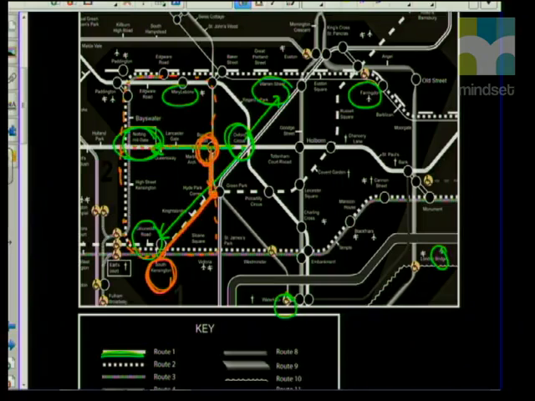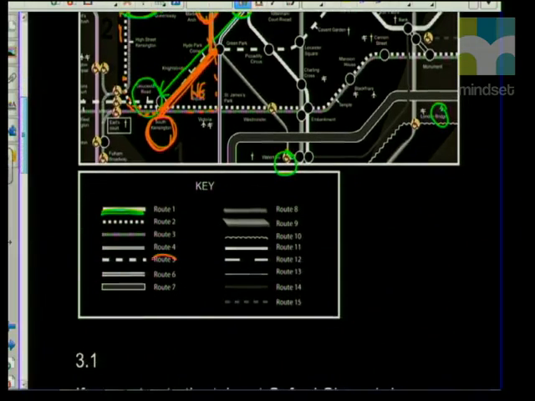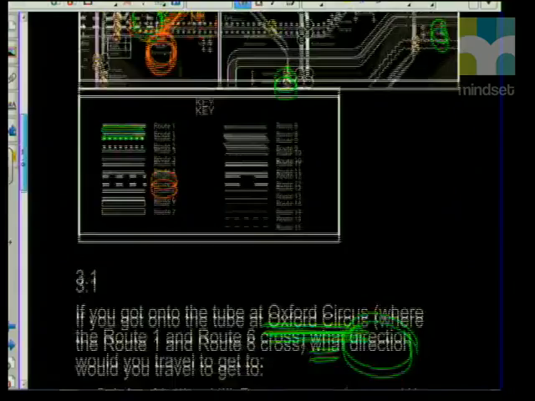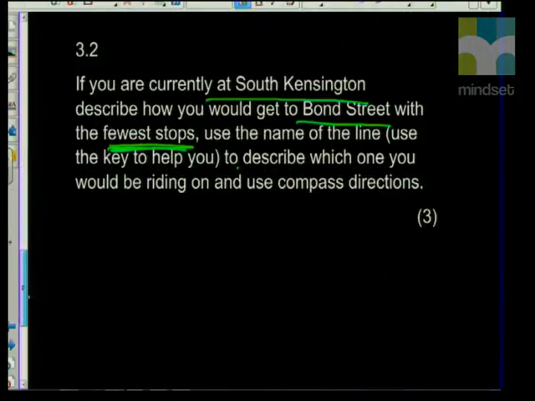So I would go from South Kensington, in what type of direction? I think that's a northeasterly direction. This is this dotty line over here, which is Route 5. So let's write that part first. From South Kensington, I would use Route 5 in a northeasterly direction.